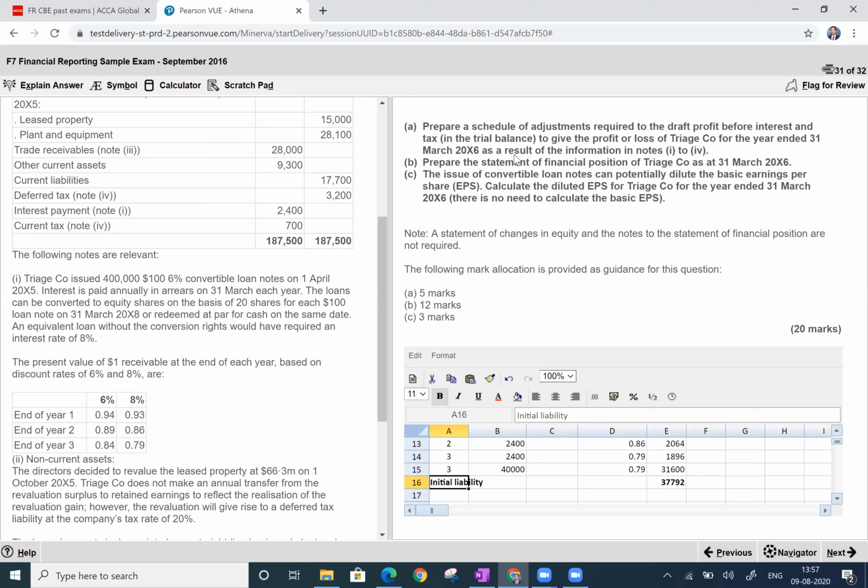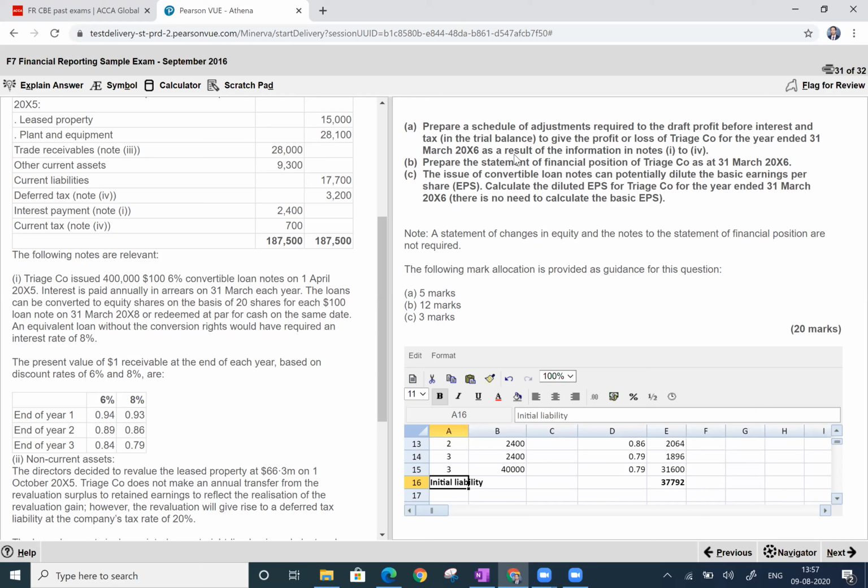So now we can find out the value of equity. Equity will be cash proceeds. How much is the cash proceeds? 40,000 in thousands, minus the initial liability.